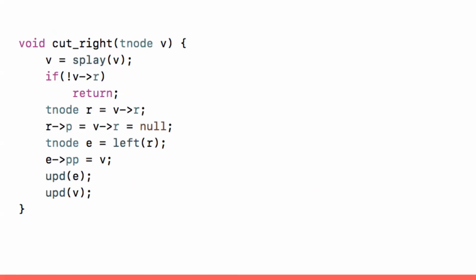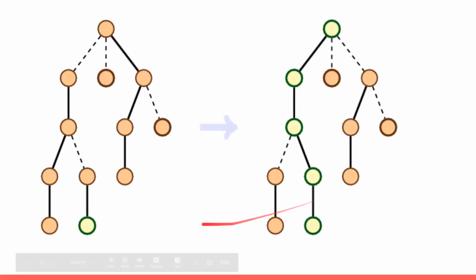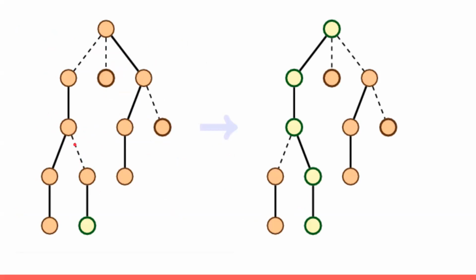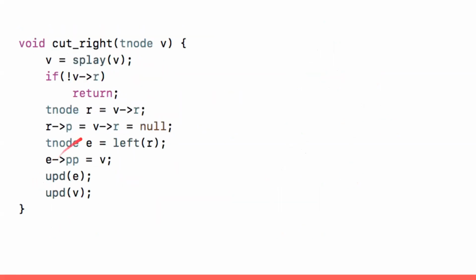Cut right. In cut right, we want to make sure that the given vertex is the last element in its splay tree. For example, in this vertex we want to make this edge light, and we should be sure that it doesn't have any elements to the right in the splay tree.